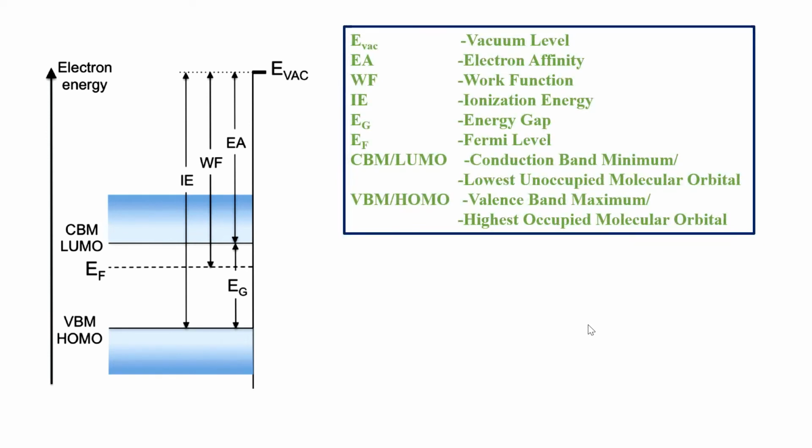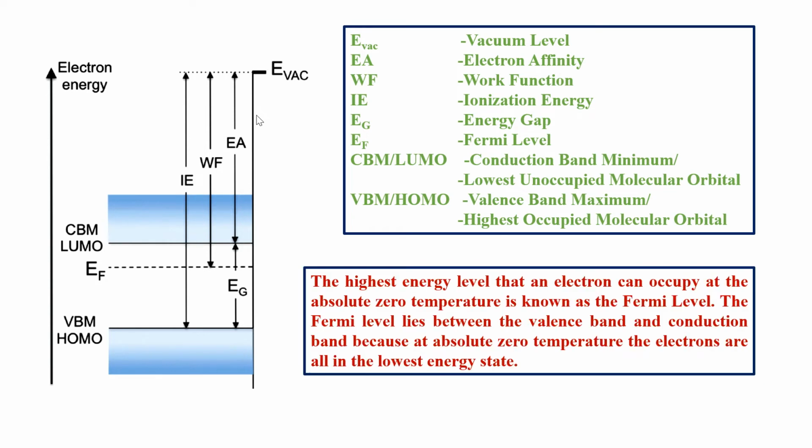So then we have something known as the vacuum level, that is beyond the region of the crystal. So we have discussed electron affinity, work function, ionization energy, energy gap, Fermi level. Right. So now we need to understand what each of these terms are. So what is it? The highest energy level that an electron can occupy at absolute zero temperature.